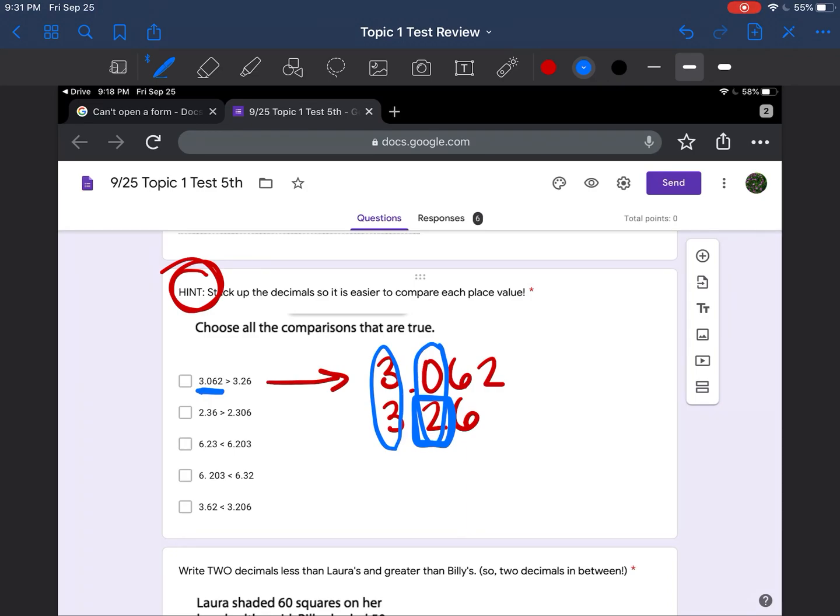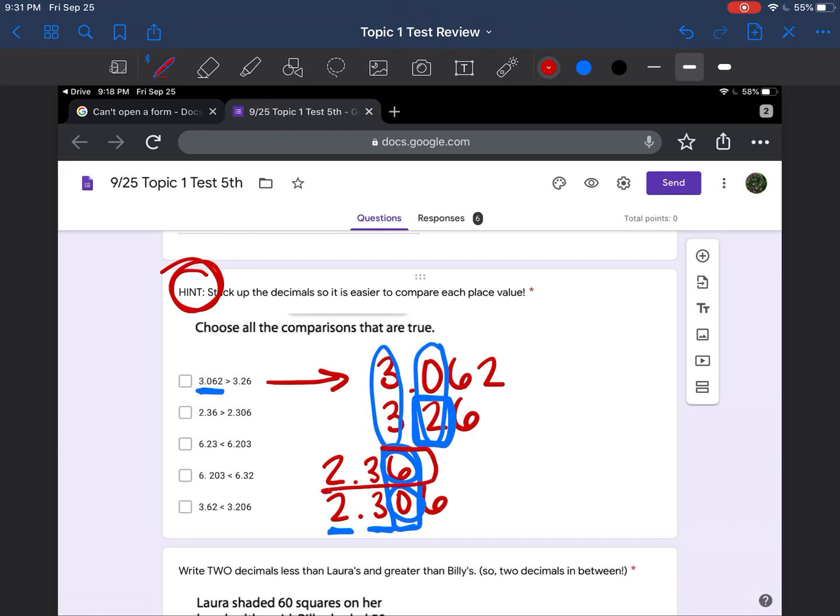So if you were to stack up all the things, so for example, if we did the second one, 2 and 3600ths stacked up next to 2 and 306 thousandths. We compare the 1's place, they're the same. The 10ths place is the same. But the 100th place, we have 600ths and 000ths.